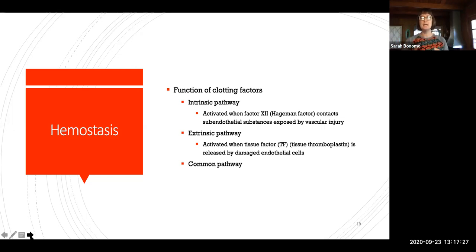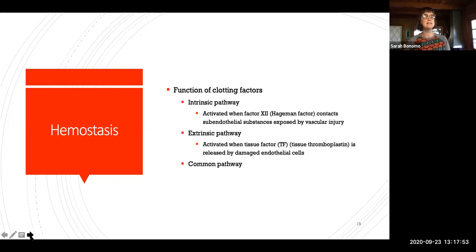So the intrinsic pathway, I just want you to know, is activated with factor 12, because there are disease processes where people do not have enough of a certain kind of factor. And we can give them that factor if we need to, to help them stop bleeding.